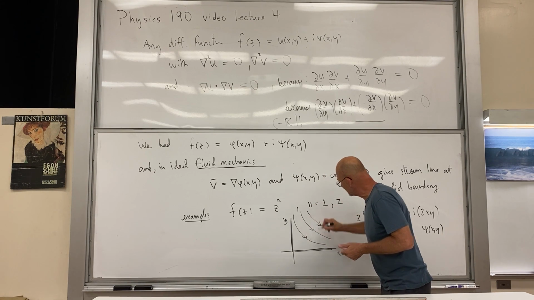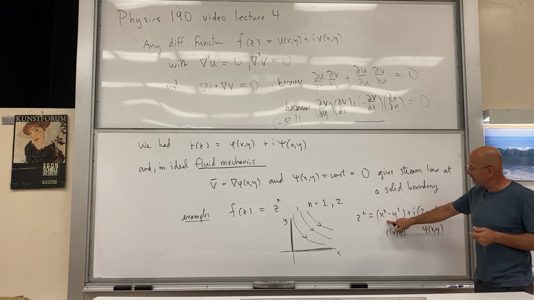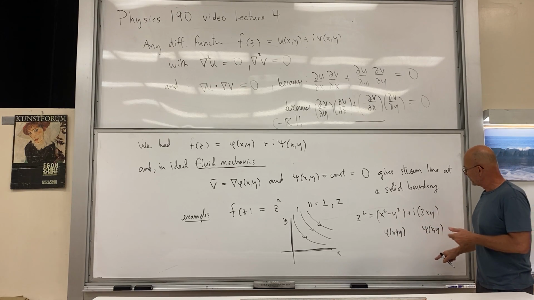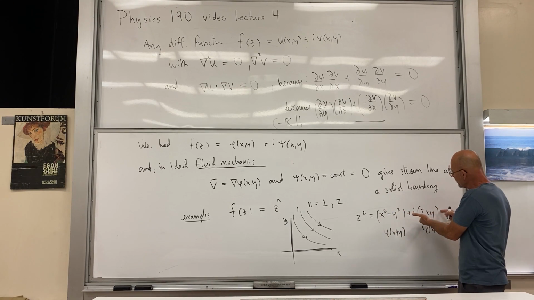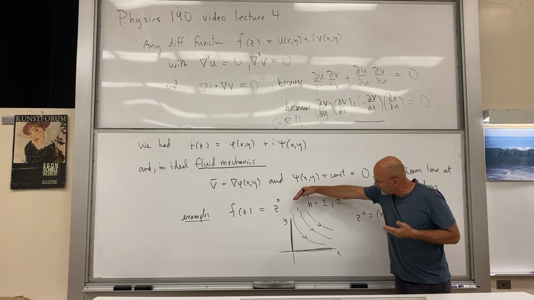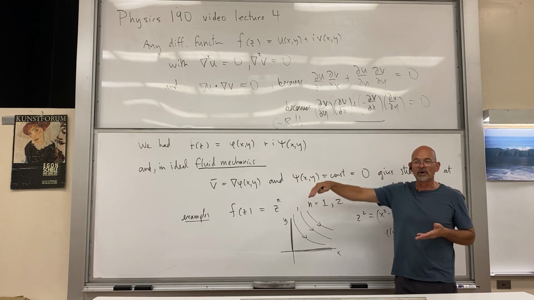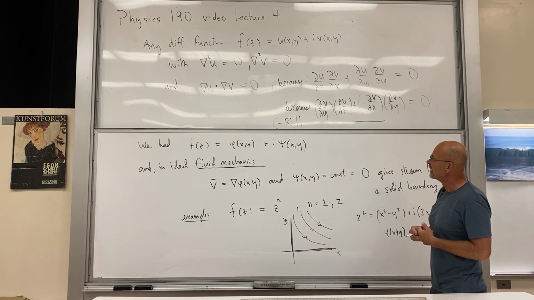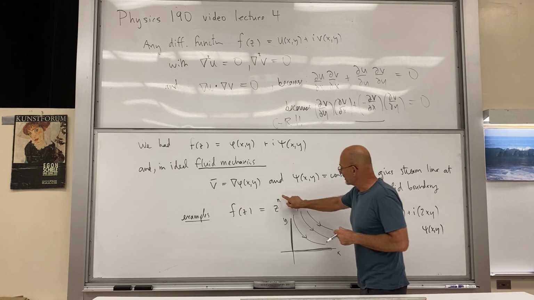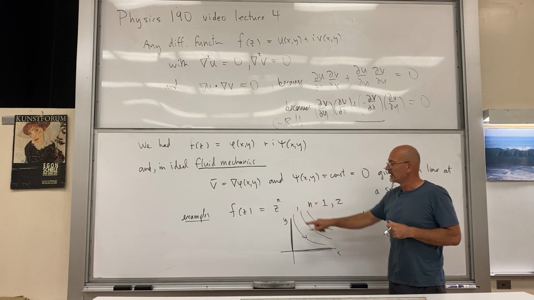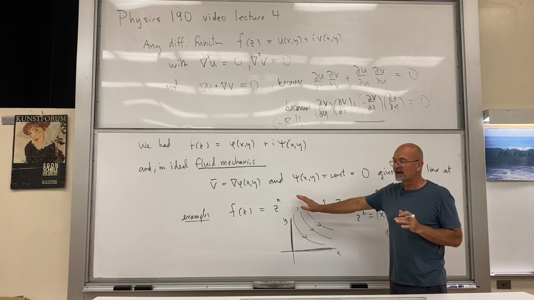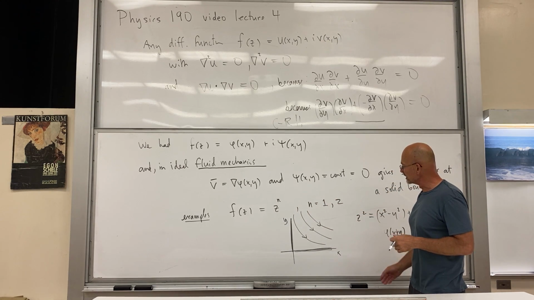If you take the gradient of this function here, those values are parallel to these streamlines, and so that's actually the ideal fluid flow in a corner. Okay. So I had talked about going to higher powers here, and that's where I'm going to pick up right now and just extend this discussion a little bit.